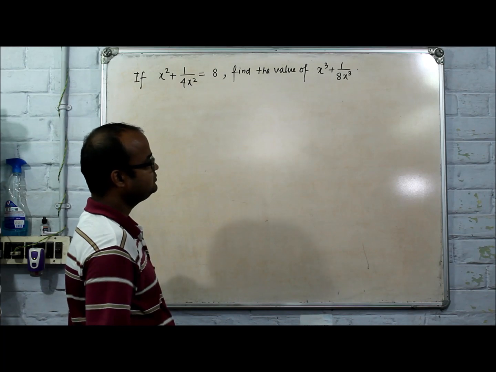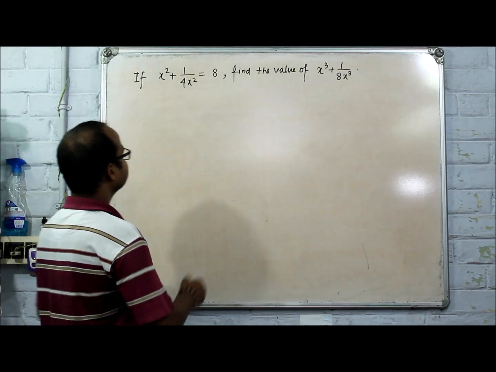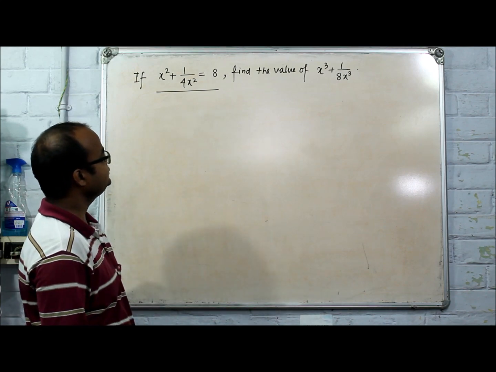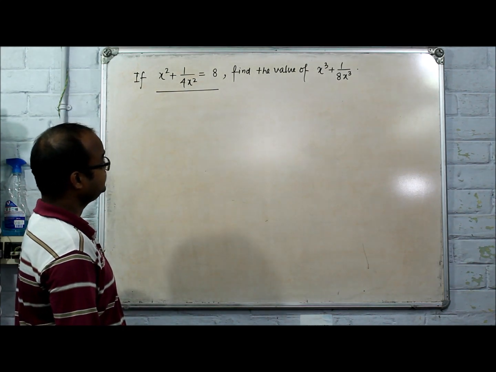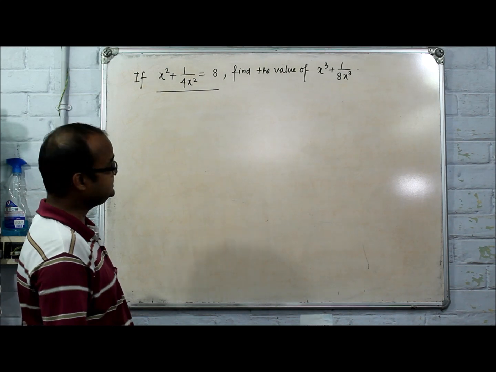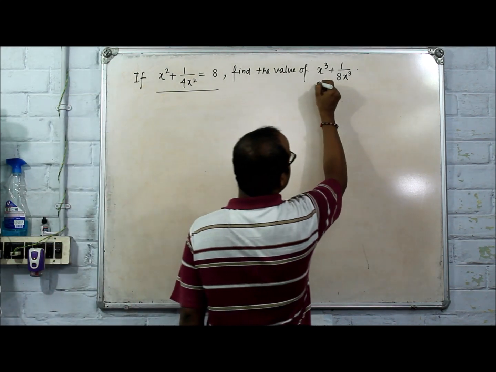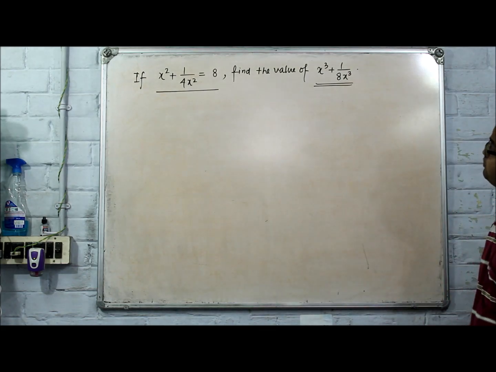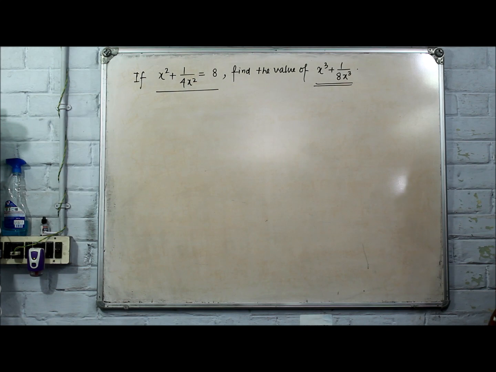Now, let us discuss this problem. x square plus 1 by 4x square is given as 8, and you need to find out the value of x cube plus 1 by 8x cube.